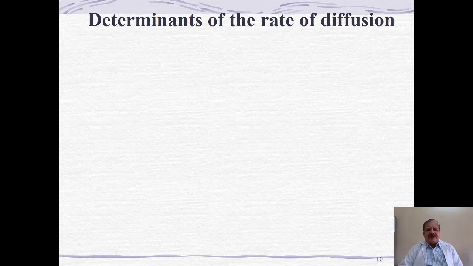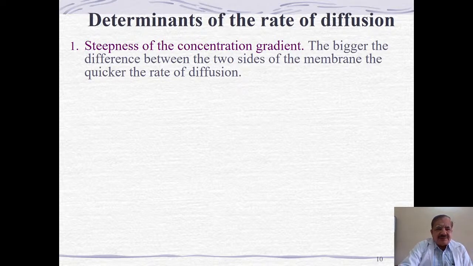Determinants of the rate of diffusion. In which conditions will the rate of diffusion be more, and in which will it be less? These are the things you need to understand. First, the steepness of the concentration gradient.